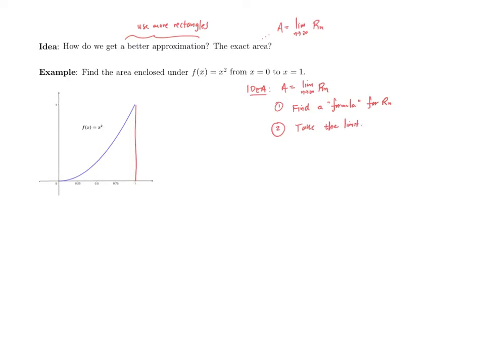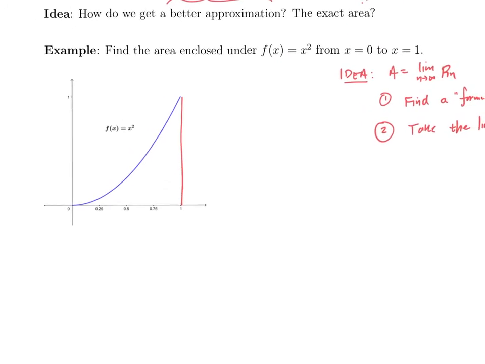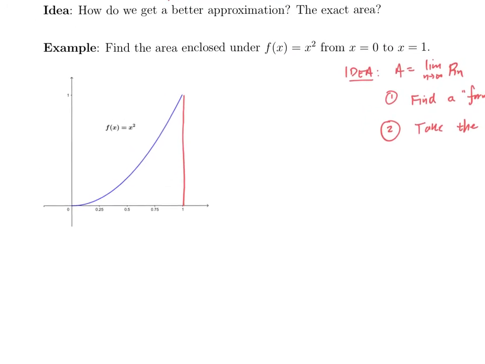So I'm going to zoom in a bit on our picture. In order to find R sub n, I want to think about this very geometrically. We are going to use n approximating rectangles, and for convenience we want them all to have the same base length, given by this quantity we previously referred to as delta x.